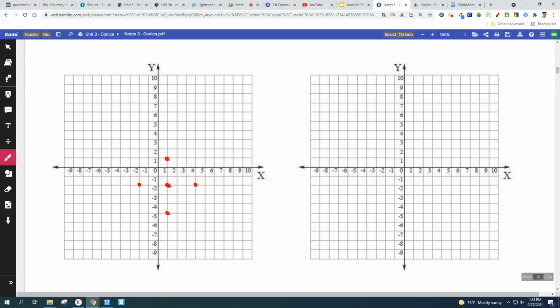If I can get those points, then I should be able to draw a decent looking circle. So take your time. It's not bad. Okay.